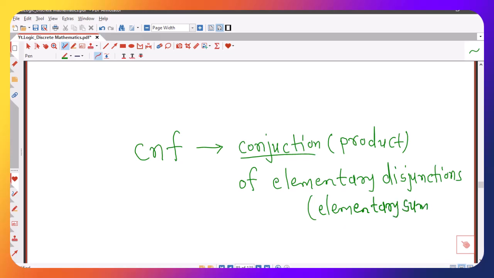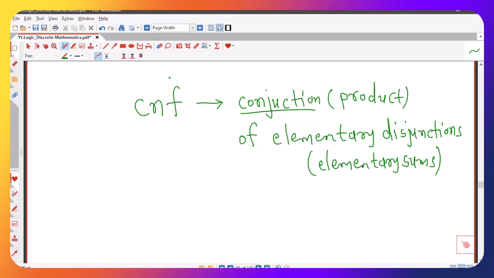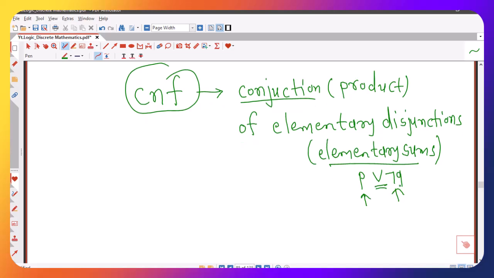So conjunction of elementary disjunctions or product of elementary sums. Elementary sum means we have variables and their negations joined by OR operator. Here we allow only variables and their negations.